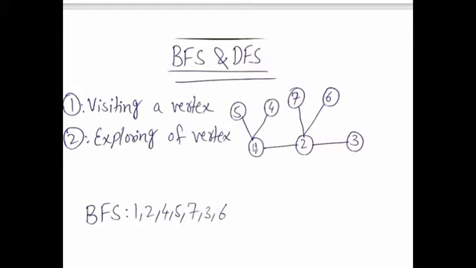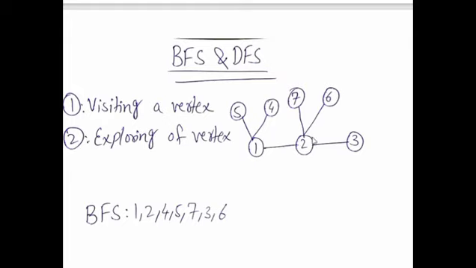Start exploring 7. The adjacent vertex to 7 is 2. We have already explored the 2. Start exploring 3. The adjacent vertex to 3 is 2. So we have already explored it. And the last vertex is 6. The adjacent vertex to 6 is 2. So we have already explored that 2. There is no need to explore it again.